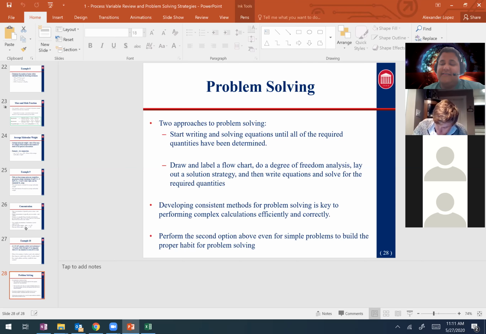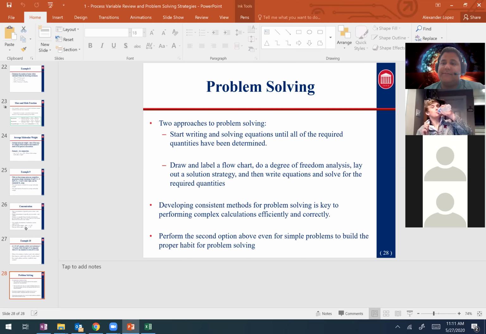It's a lot faster to do the first approach, but as the problems get more complex, you'll find it's a lot more effective to use the second approach. And so I wanted to take time to let you know, beware of just trying to get through a problem too quickly for the sake of getting it done.